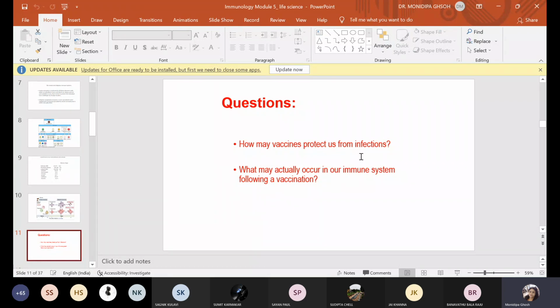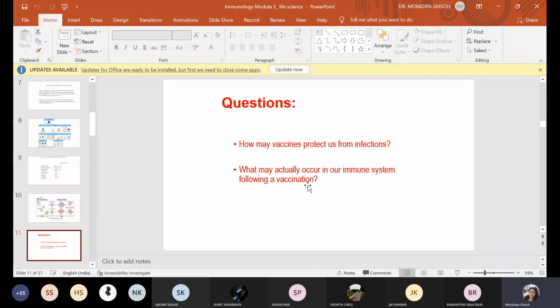So the pathogen which has to be avoided, killed, or bypassed, why are we interacting with the pathogen as a vaccine candidate? How does it help? This is the basic conception of the immunological study, that how a vaccine can give you protection.